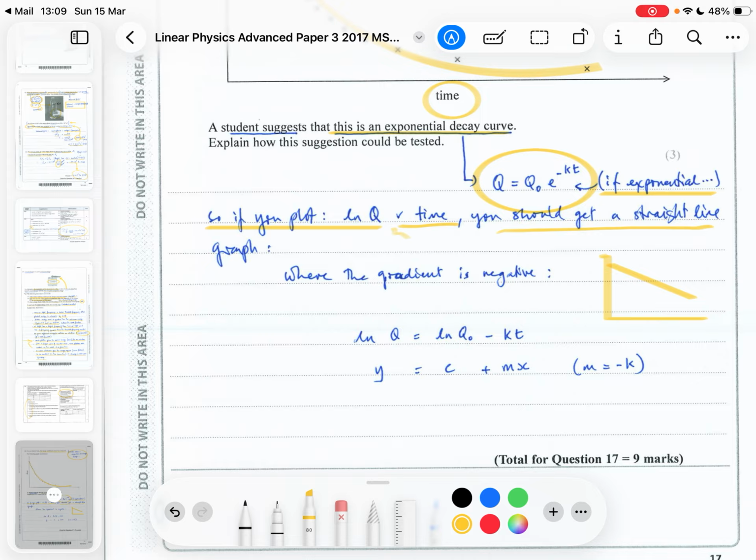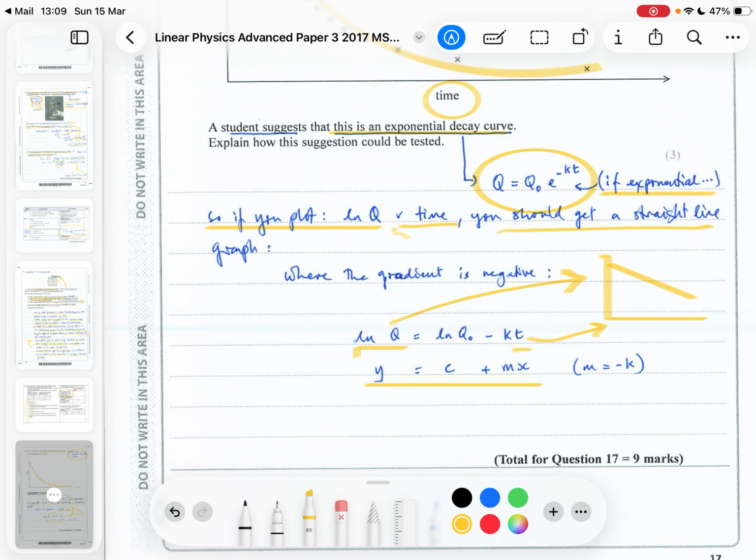So you do ln Q there, t over there, and you can work out the gradient will be equal to the constant of proportionality between ln Q and t, okay, using the y equals mx plus c format. Okay, that's how you know.